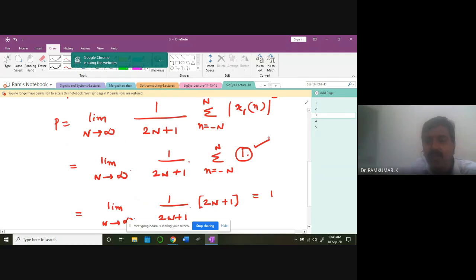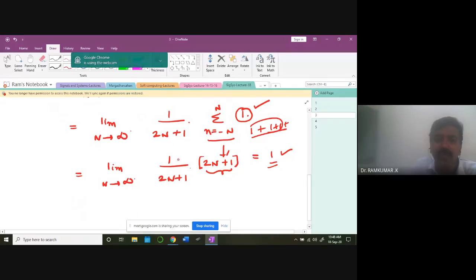The range is now between n equal to minus N to N. So for each value I'm going to get 1. When I plug in n's over one time period, I get one value each time. So it's going to be 1 plus 1 plus 1 plus 1. Remember that. So 2N plus 1 is the value. That's the series. It's going to be divided by the same value.